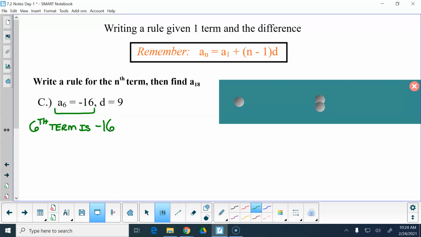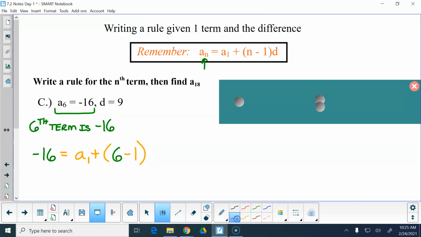A sub n stands for any term in the sequence, so negative 16 here would be the sixth term. I don't know what the first term is, but I do know that negative 16 is the sixth term.